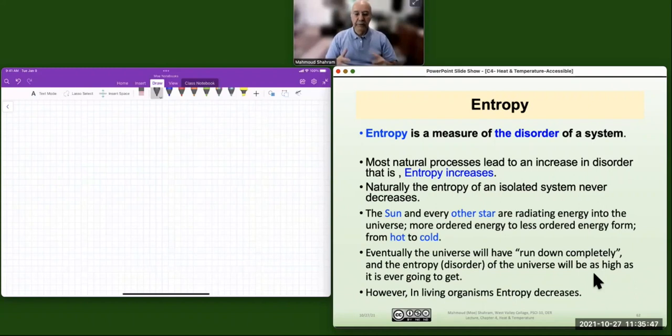The entropy or disorder of the universe goes to a higher state. But if you look at a living organism, it's a different story, because now you get energy input into our system. Our system is orderly, functional. In a living organism, the entropy basically decreases.